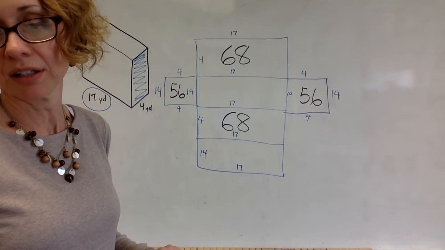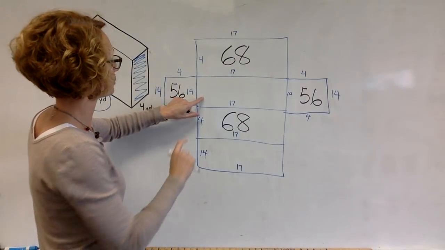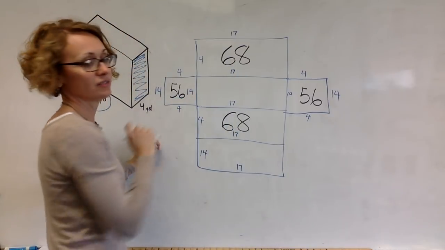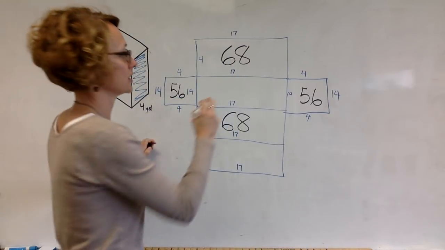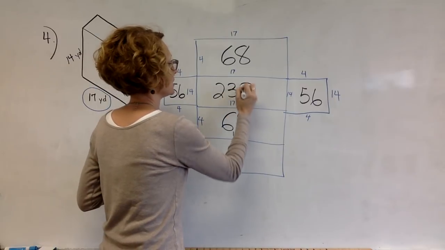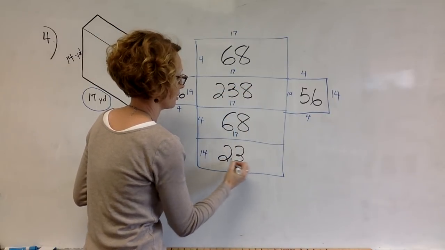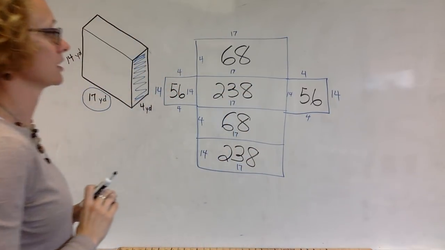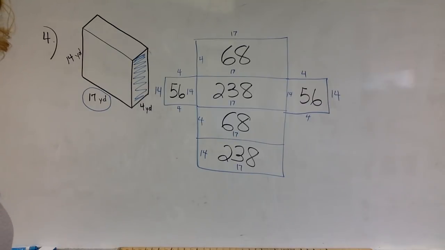Then my last areas would be the dimensions of the rectangles that are 14 by 17, and that gives me an area of 238. I'm going to write that in both of my faces that have that area. Now all I'm left to do is add up all of my areas.